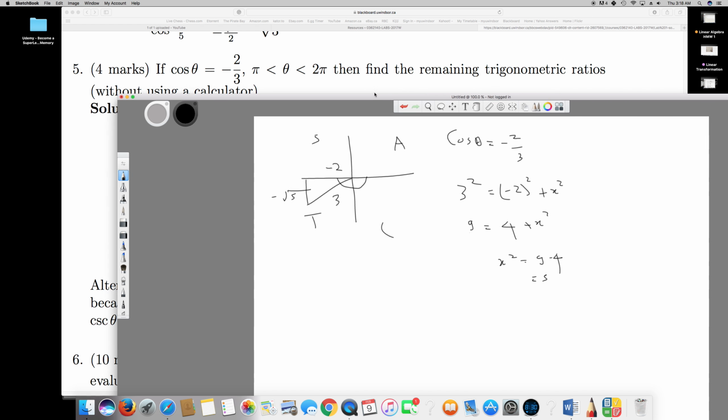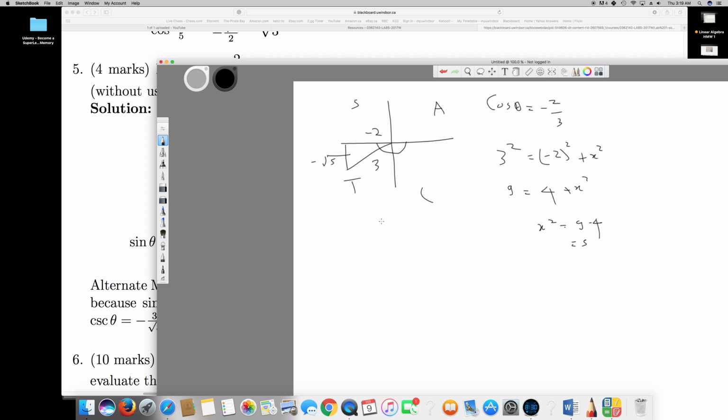So we have found this opposite side, therefore we can find sine theta right now. Sine theta in this case is going to be negative root 5 over 3, and cos theta is already given, so we don't have to worry about that. Tan theta is going to be negative root 5 over negative 2, so it's going to be positive root 5 over 2.